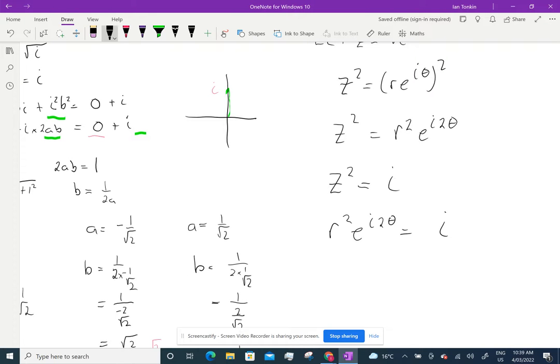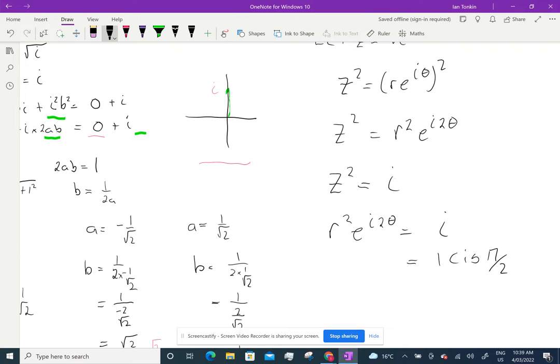Now, i, what is i? We already know it's this thing here, which means it's 1 cis pi on 2. I don't need to write that. I can just see that the modulus is 1 and I can work out what the angle is.